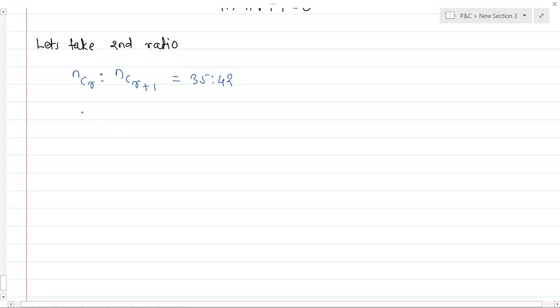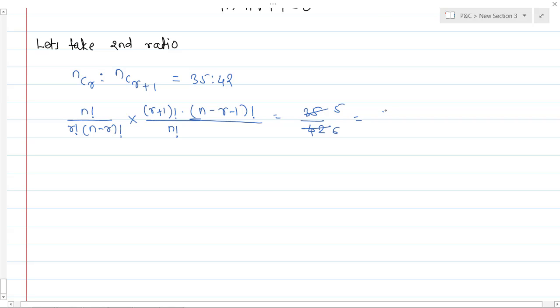So n factorial divided by r factorial as it is into the difference between these two, n minus r factorial, into n factorial divided by r plus 1 factorial into the difference between these two, n minus r minus 1 factorial. This is equals to 35 by 42. So 7 5 35, 7 6 42, so it is 5 by 6. Now see here, this n factorial can be cancelled out.